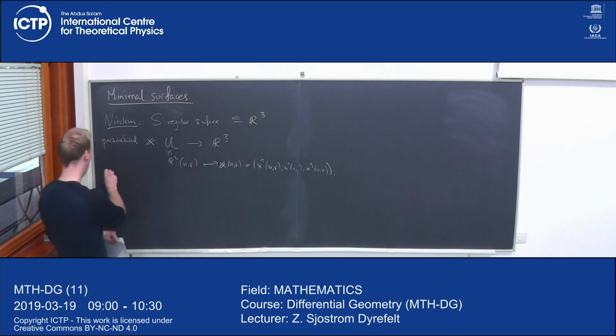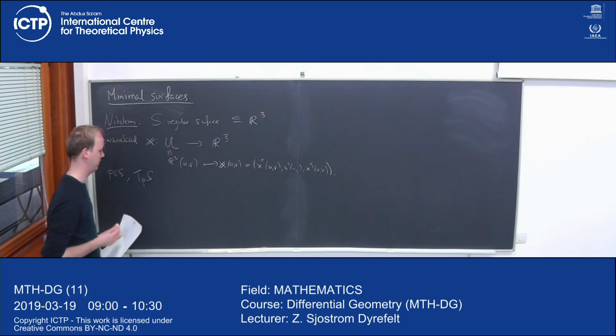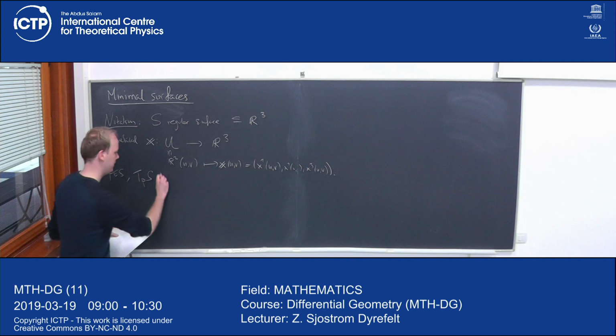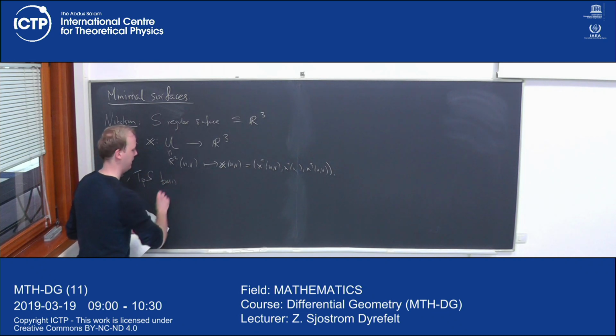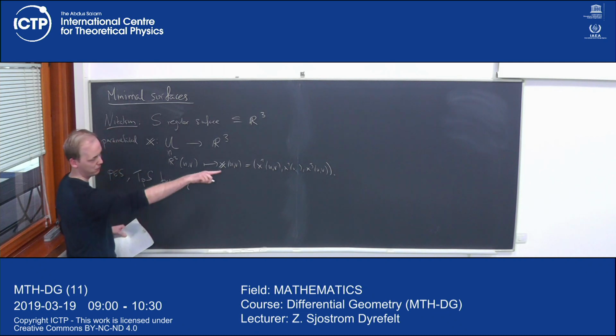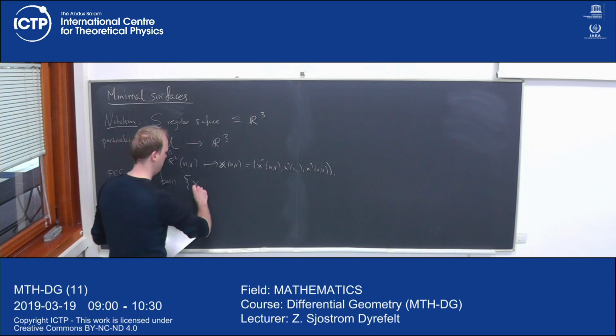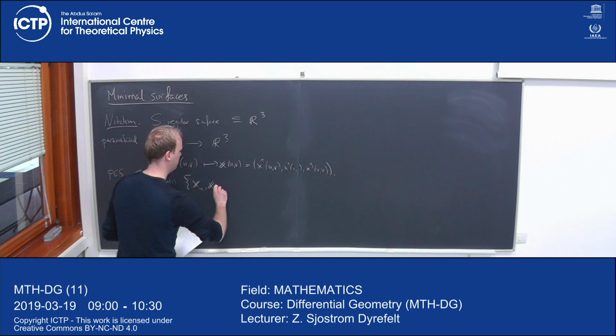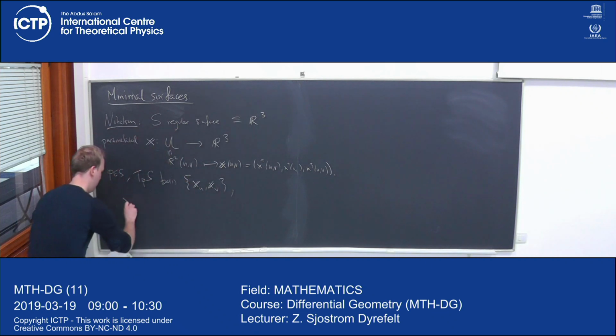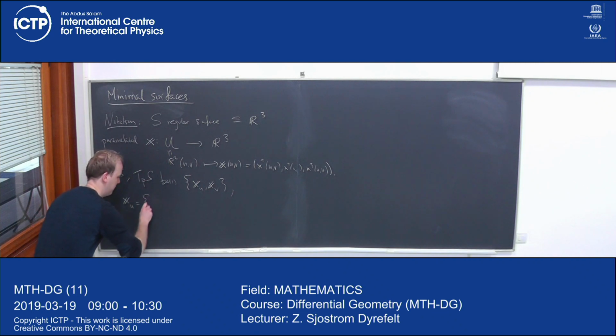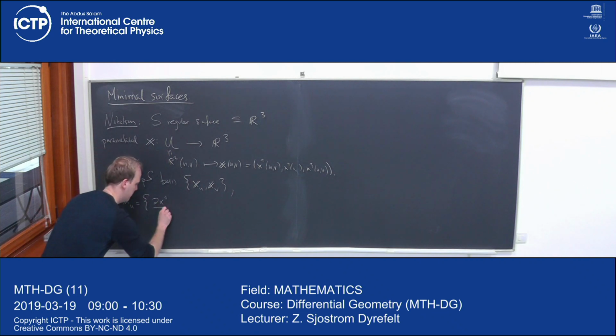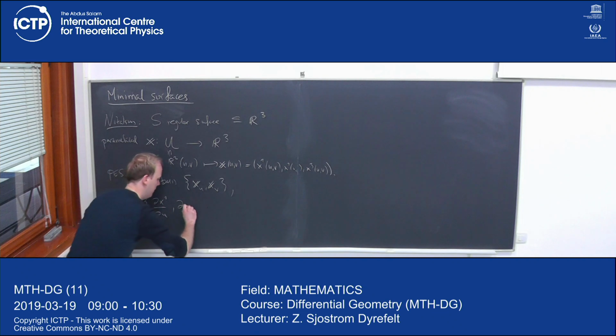And then if you take a point in the surface, you have a tangent space, which is denoted TpS. And this has a basis. So the basis of this tangent space, the standard one with respect to this parametrization, I denote by XU, XV, where these things are just the partial derivatives component-wise.